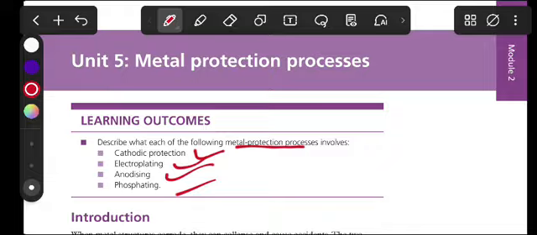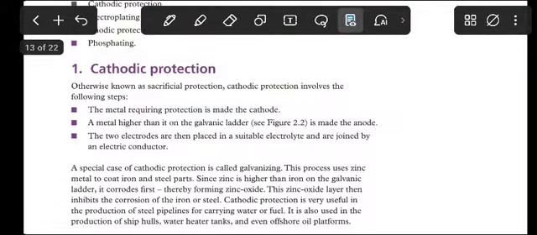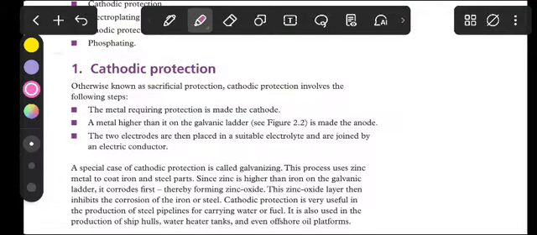Name types of metal protection process. You say cathodic protection, electroplating, anodizing, phosphating. Sometimes they can say describe them, but mostly they'll say name them. You name them. Mostly 4 marks there. You'll have your 4 marks.